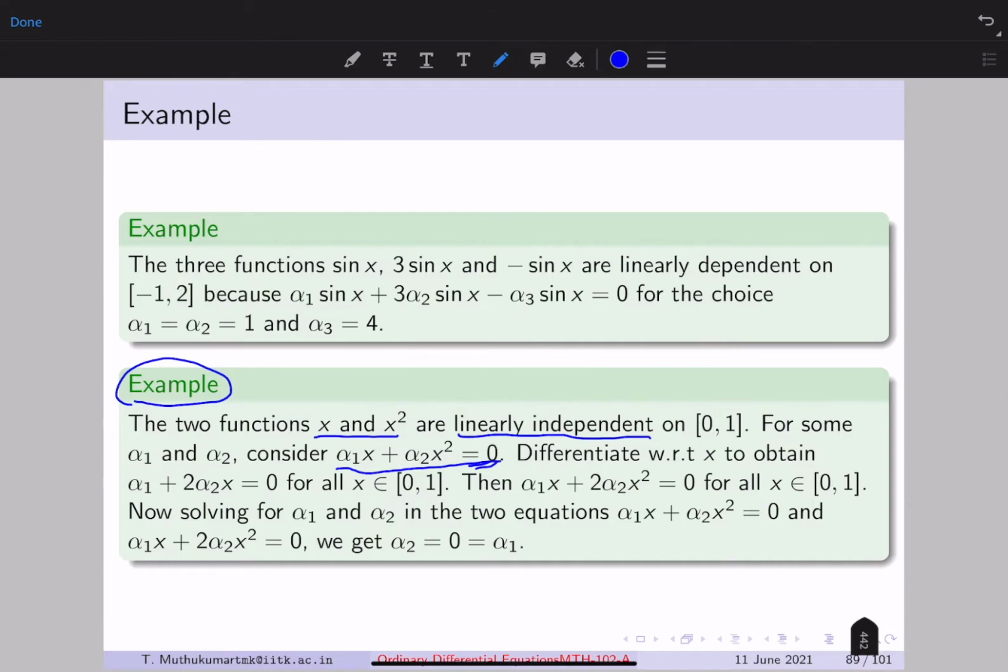Suppose you call this u1 and this u2. The function u1 of x is x, and you have two functions here, x and x square. Then what we have done is that you have alpha 1 u1 plus alpha 2 u2. Then we differentiated, and finally we got alpha 1 u1 prime plus alpha 2 u2 prime.